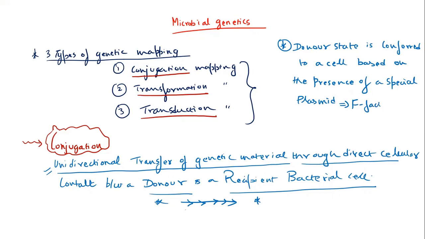Based on the presence of a special plasmid, which is called an F factor. I hope you have heard about it. So based on the presence of a particular thing called F factor.